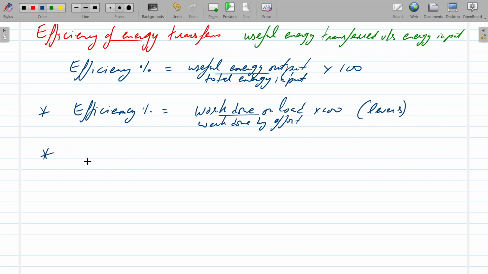Then another way of doing this, efficiency percentage. If you're talking about power, that is something we'll do tomorrow. But if you're talking about power, then it is useful power output upon total power input.